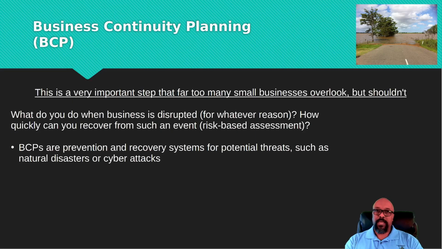Well, the BCP is a plan that you implement to help you define how you prevent those types of events from occurring as best you can, and how quickly you can recover from those events, from those outages, such as natural disaster or cyber attacks.